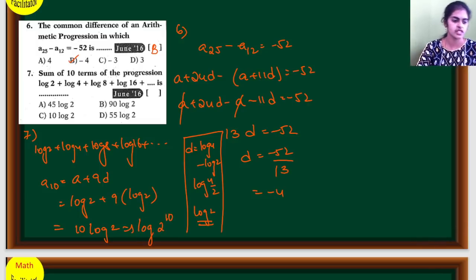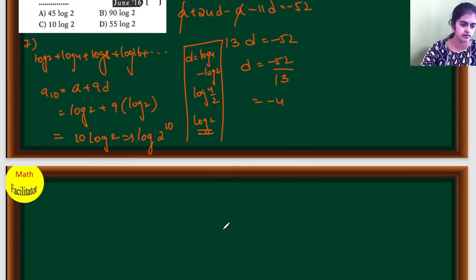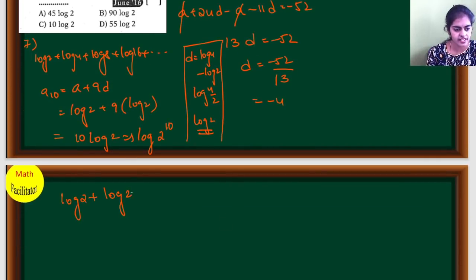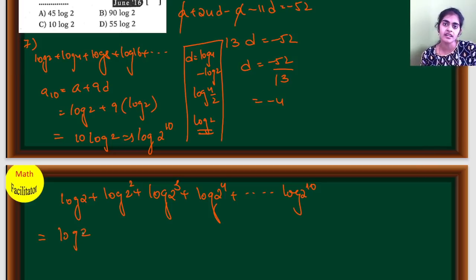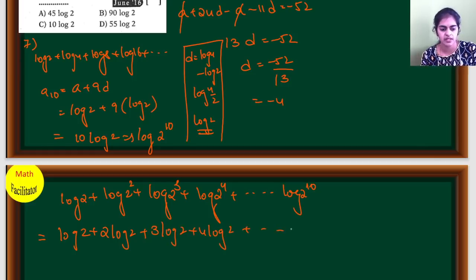Okay, so this question, have a look here. So log 2 plus log 4 I can write as log 2 square, plus log 8 I can write as log 2 cube, plus log 16 I can write as log 2 power 4, plus so on. 10th term I can write as log 2 power 10. So all of them are like log x power m. So I can write it as m log x, m log x, m log x, plus so on.